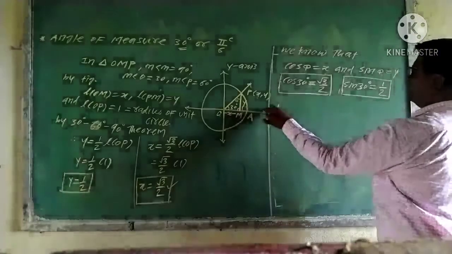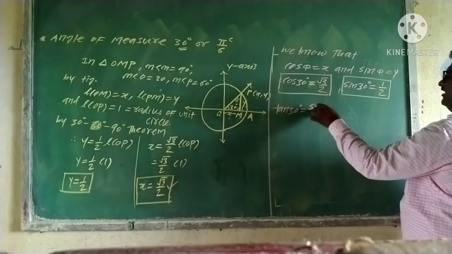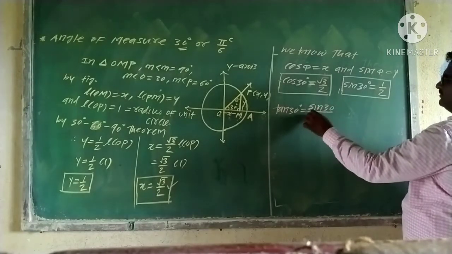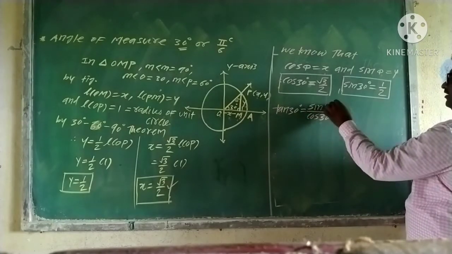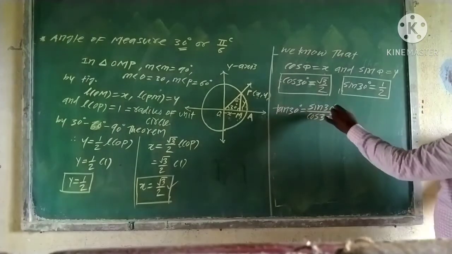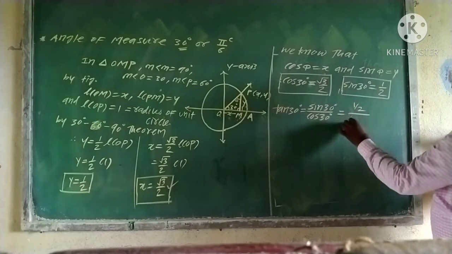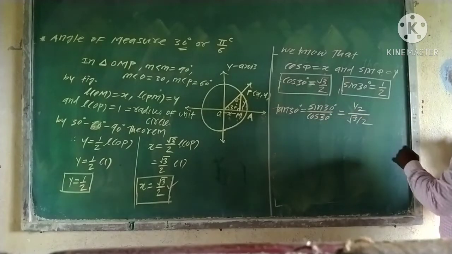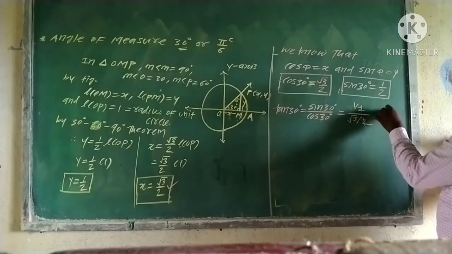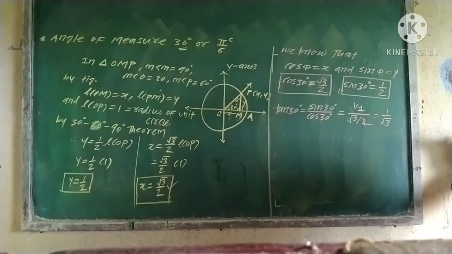Same, tan of 30 equals sin of 30 divided by cos of 30. Sin of 30 degree divided by cos of 30 degree, that is 1 upon 2 divided by square root 3 divided by 2. The 2s get cancelled, and the answer equals 1 upon square root 3.